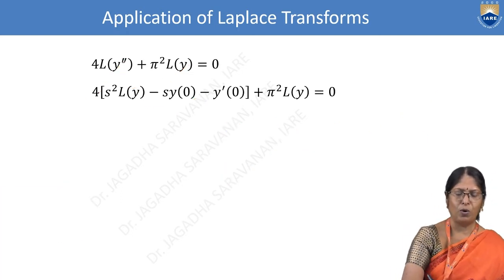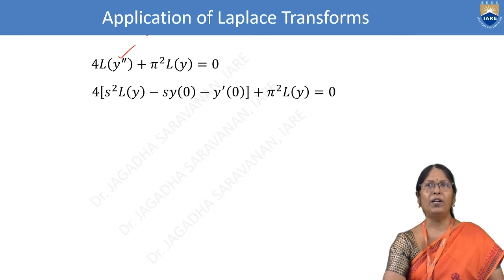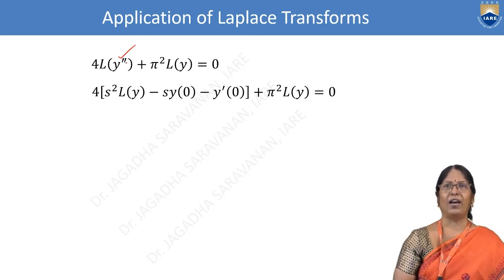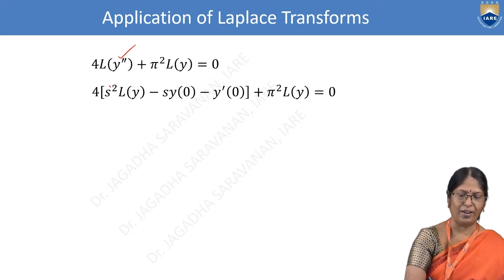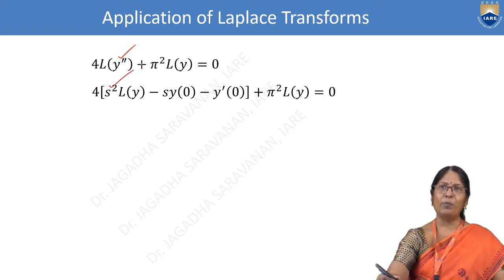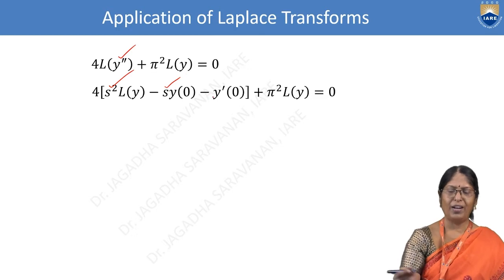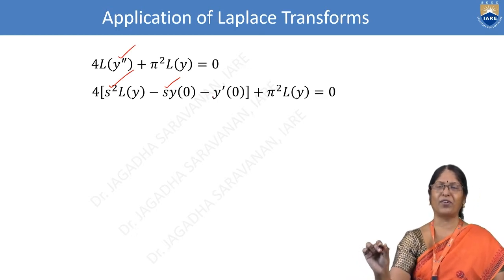Our problem has y double dash. So we will start with s square, and it keeps decreasing: s square, s power 1, s power 0, which is treated as 1.